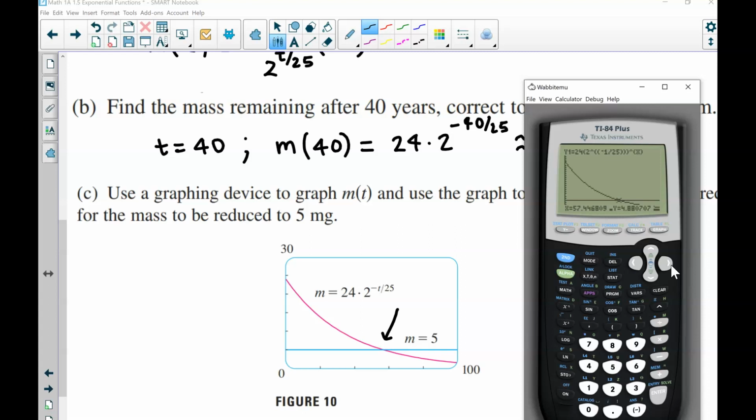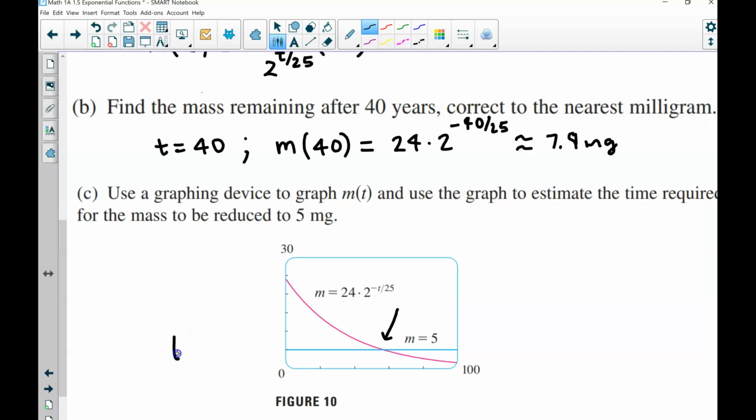Remember that the horizontal axis is representing the time, and so x represents about 57 years. So by looking at the graph, we can say that t is approximately 57 years.